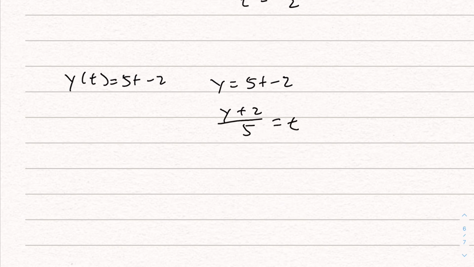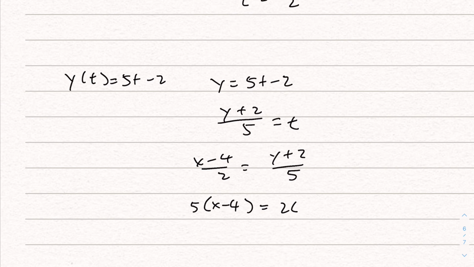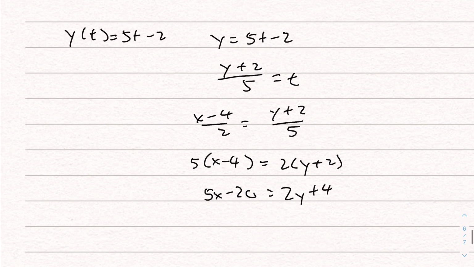And then set the resulting expressions for t equal to each other. (x minus 4) over 2 is equal to (y plus 2) over 5, which is 5 times (x minus 4) equals 2 times (y plus 2). And 5x minus 20 is equal to 2y plus 4. And y is equal to 5 over 2 x minus 12.